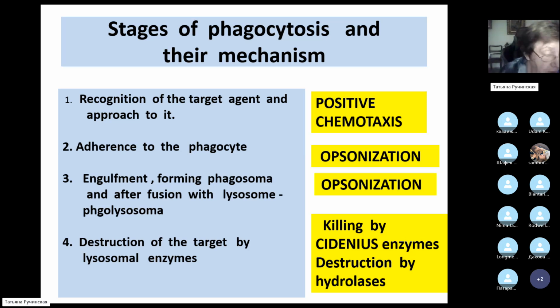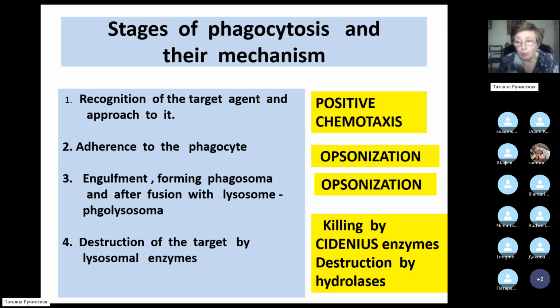The neutrophil, the same as monocytes and eosinophils, are obligate phagocytes. They can recognize the target agent and approach it. The mechanism of this stage is positive chemotaxis, and this is a question in the colloquium.